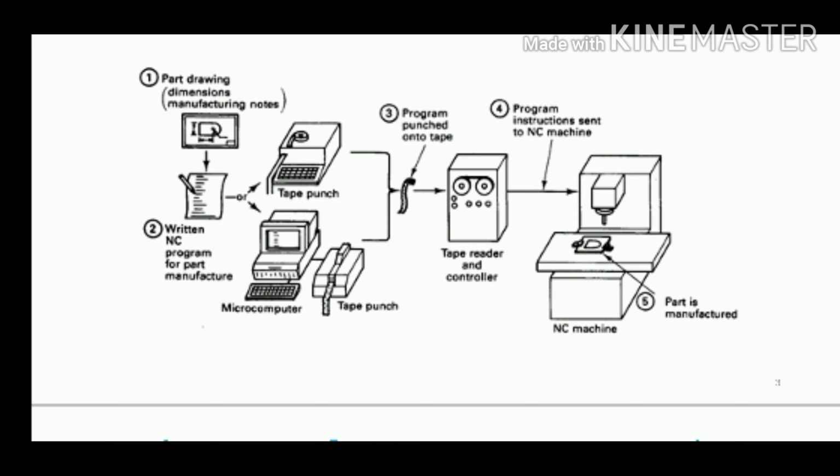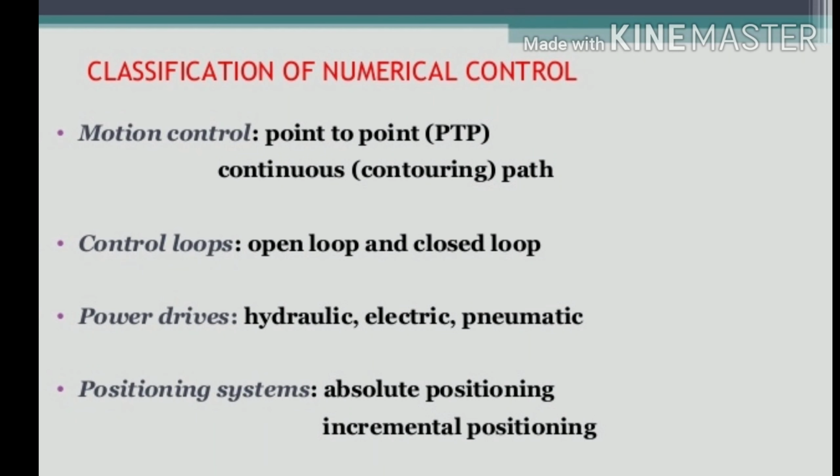Generally, a stepper motor is used for open loop numerical control machines, and a servo motor is used for closed loop numerical control machines. The numerical control system is classified on the basis of motion control as a point to point numerical control system or a continuous path control system. On the basis of the control loop used, it is classified into open loop system and closed loop system.